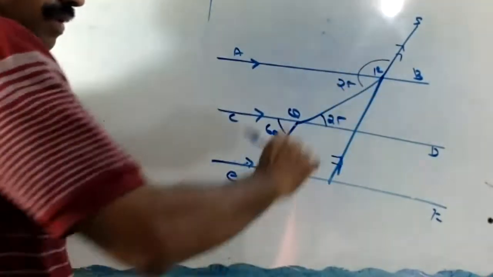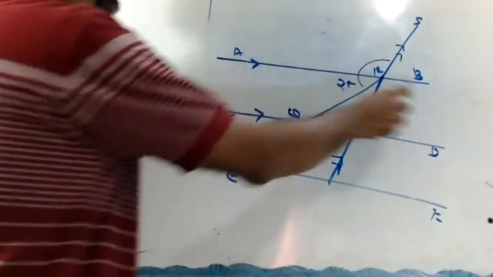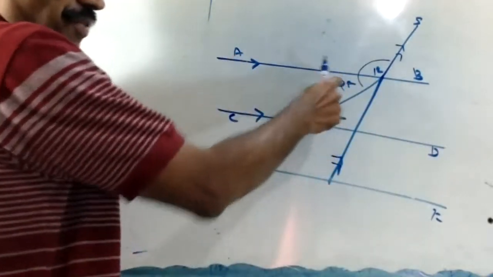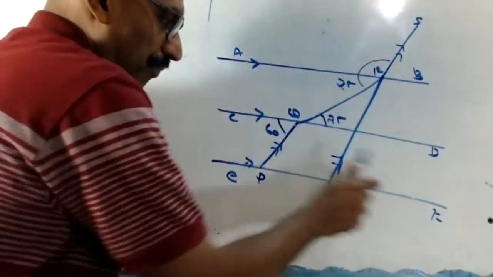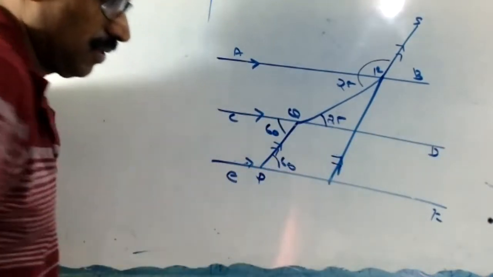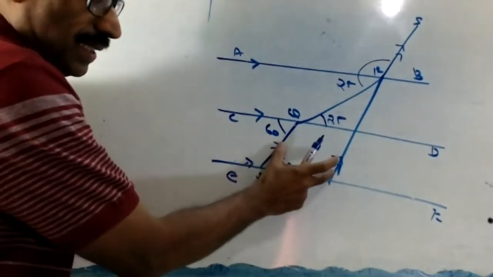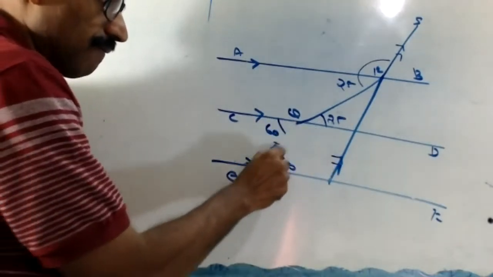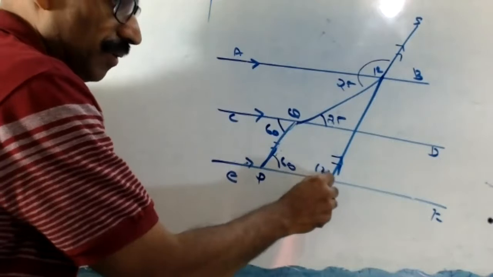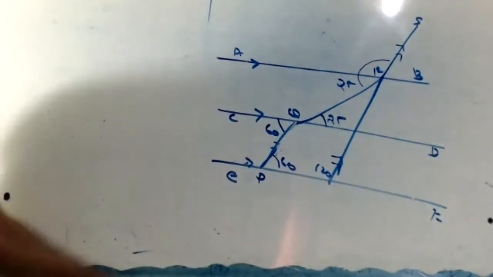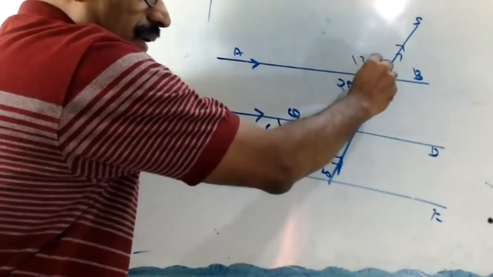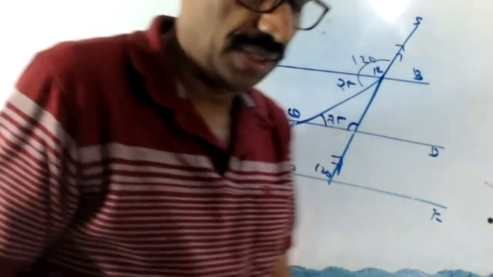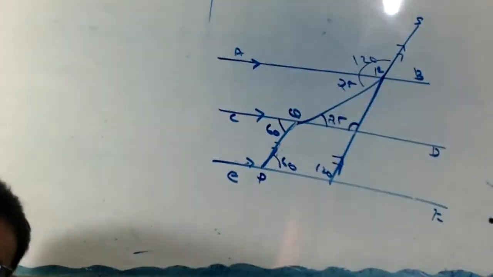Why? AB parallel to CD, so this 25 and this 25 are alternate angles. CD parallel to EF, so this is 60, alternate angles. So we make a parallel line. So this is 120, co-interior angles. This 120, this also 120. The total, how much? 145. Are you okay?